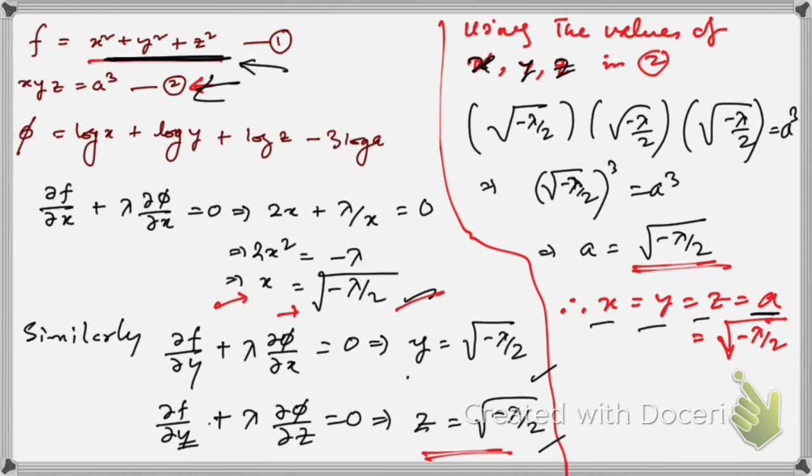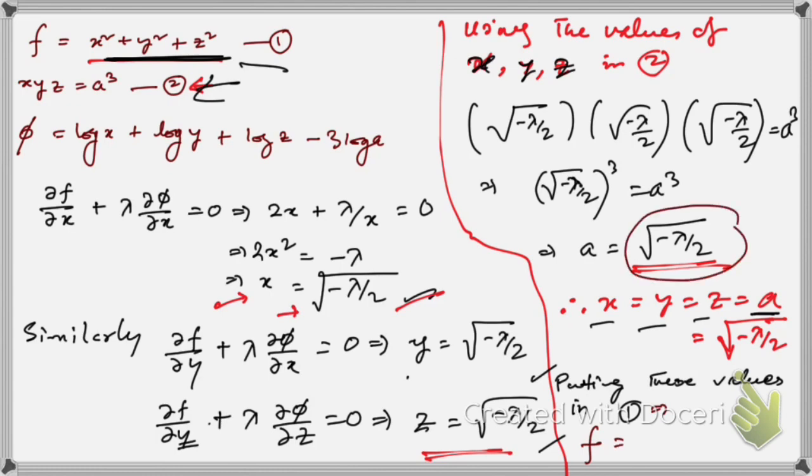So putting these values in equation number 1, we will get that f will be equal to, now you see that we have got a is equal to root over minus lambda by 2, which is equal to x, so x can be written as a.